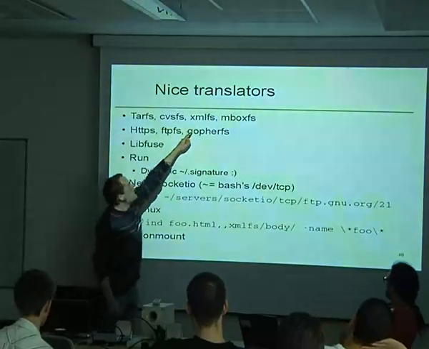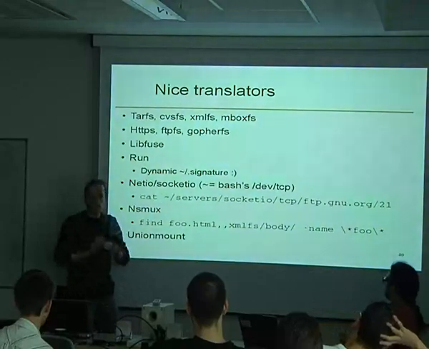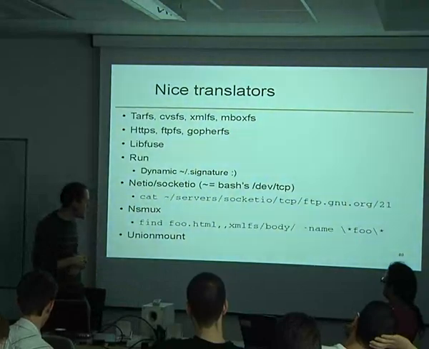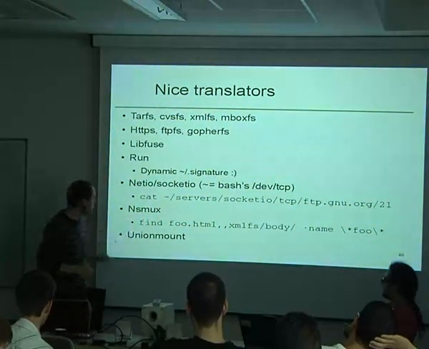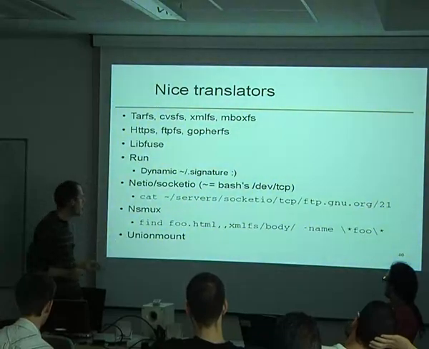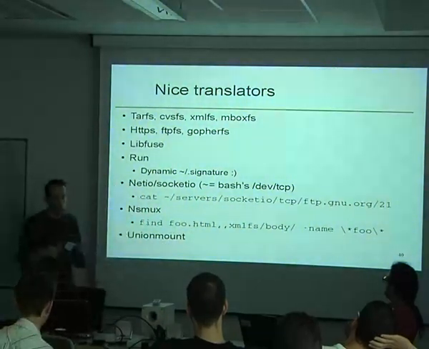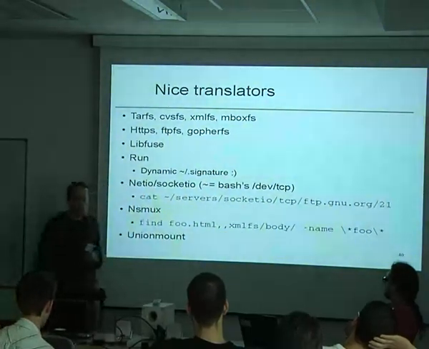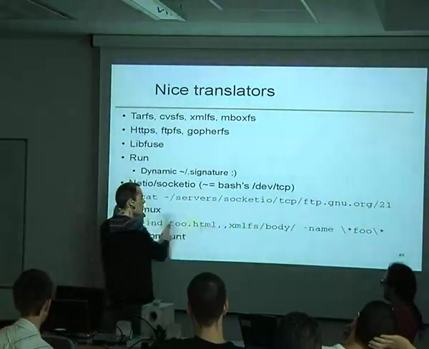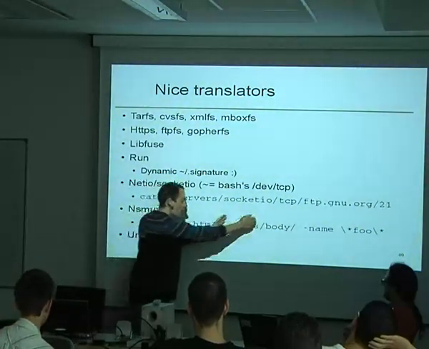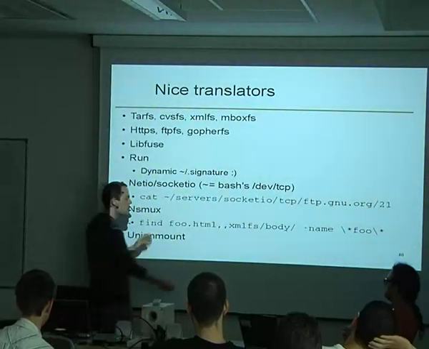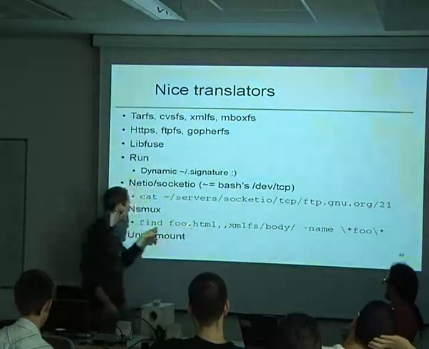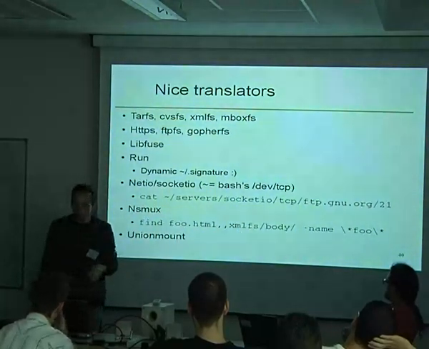But it's tedious to start the XMLFS translator, etc. So you have a shortcut by starting NSMux as a translator of /. When you use the shortcut, NSMux redirects the opening of the file through XMLFS. And so instead of opening the file from /, it starts an XMLFS translator telling it, open that file and give me the result, and then we can give that to find, which will be able to find things in there.